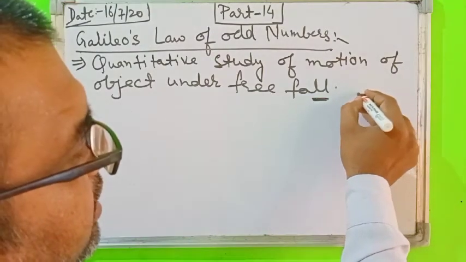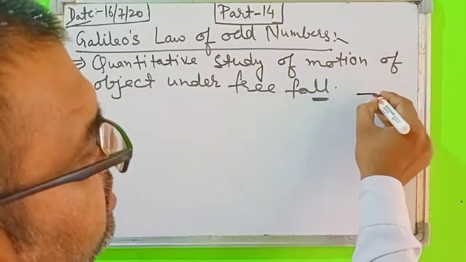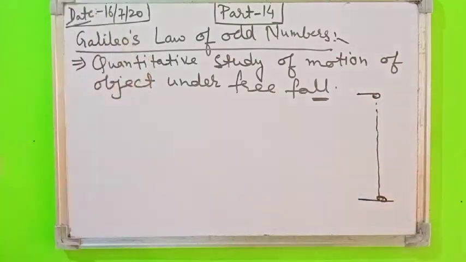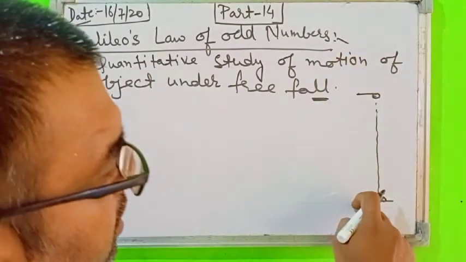Suppose a stone is falling freely from the top of a building to the ground.